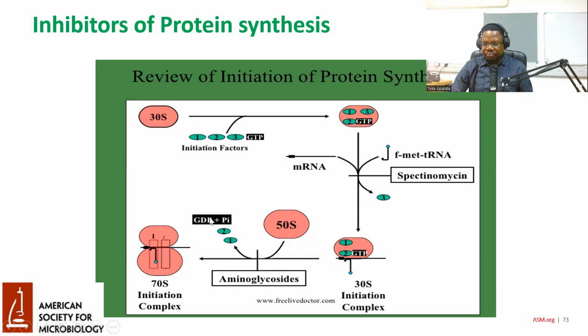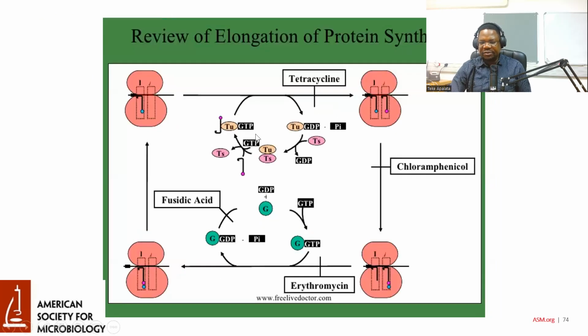Then in the elongation phase, we have the tetracycline that acts here, and we have the chloramphenicol this side, the erythromycin, and the fusidic acid. Although they all act on the 50S ribosomal subunit, they still interfere at different phases, at different sites of the elongation phase of protein synthesis.